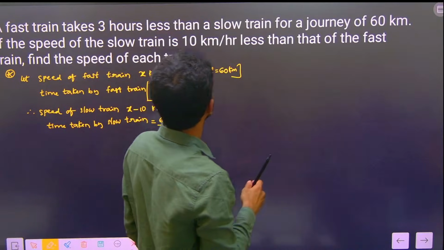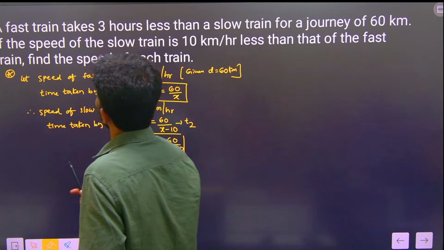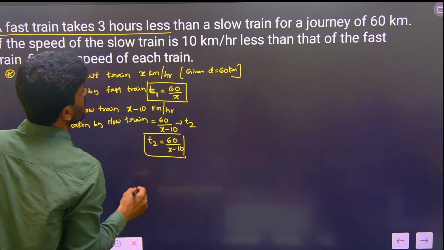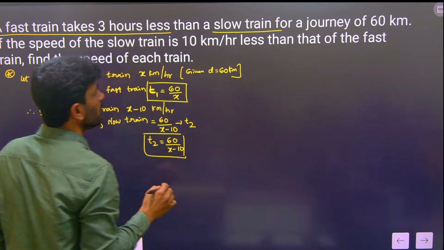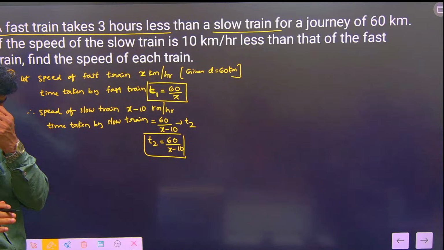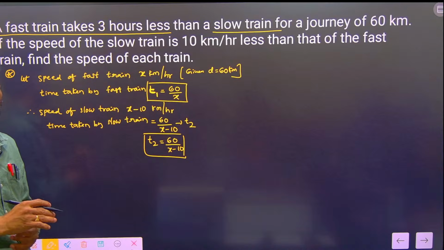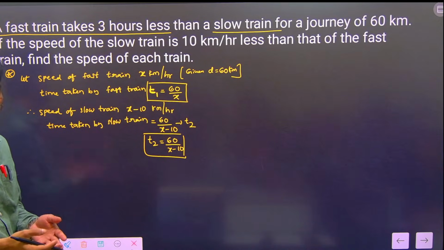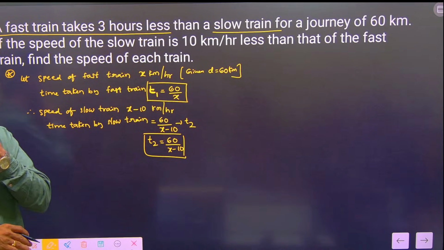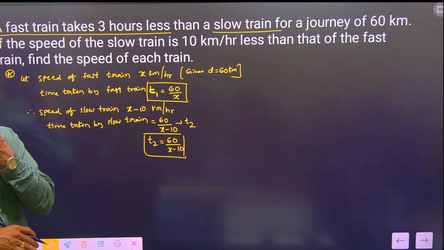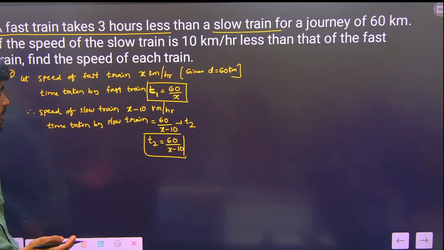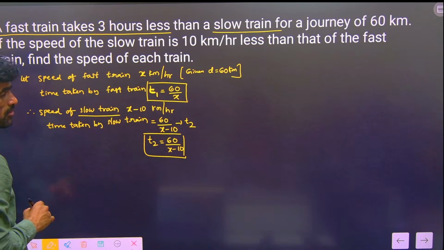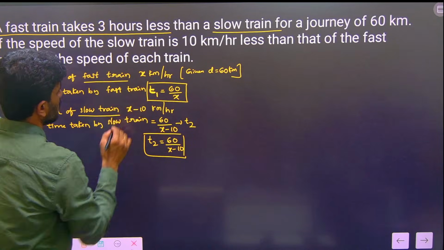So what is given? The fast train takes 3 hours less than the slow train. Which is taking less? The fast train is taking less. The slow train is taking more. So slow train time is more, fast train time is less. That is very important, you have to be careful about what to subtract from what. Whose time is more? Slow train time is more, fast train time is less.